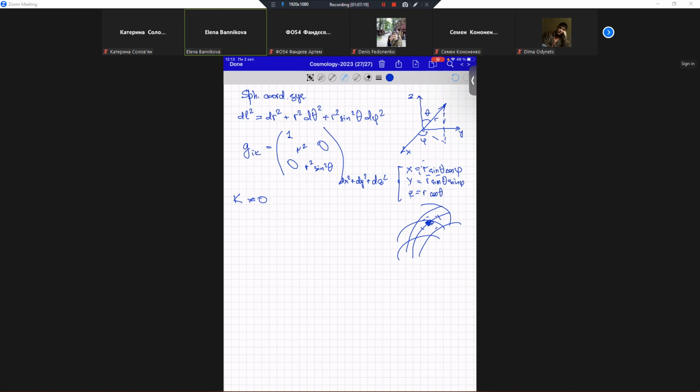Again, I will repeat: if you have an equation which is true and represented in tensor form in one coordinate system, it is true in all coordinate systems. Now you can feel the importance and beauty of tensors, because this possibility to generalize the equation for all coordinate systems is a really important point.